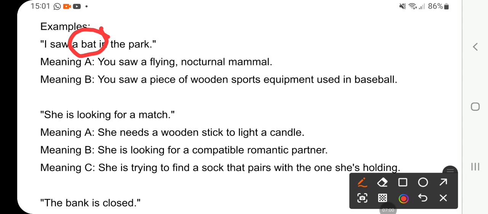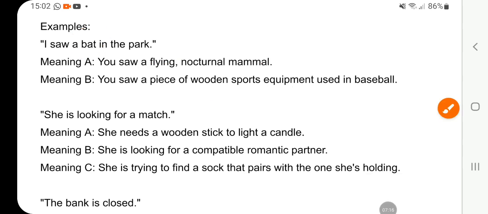Bat means flying mammal, or bat means sports equipment. Not clear, because of the sentence I saw a bat in the park. So it may be a mammal, it may be a bird, or it may be that equipment. Not clear. So that is the ambiguity which occurs because of homonymy.